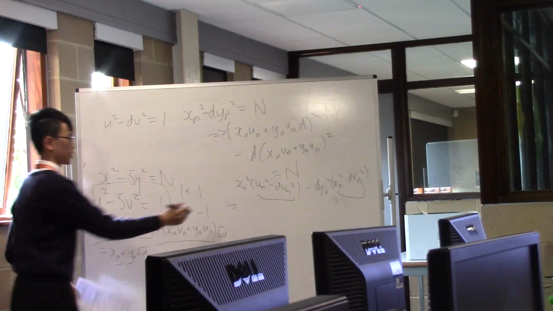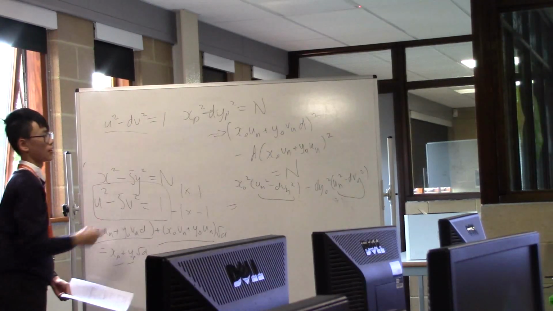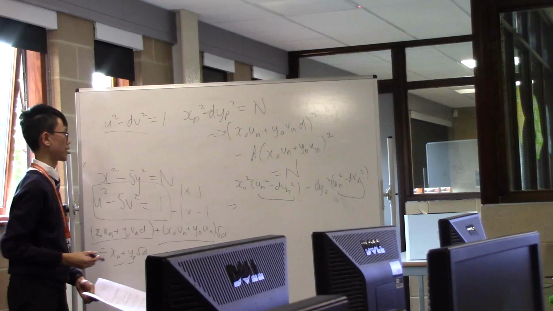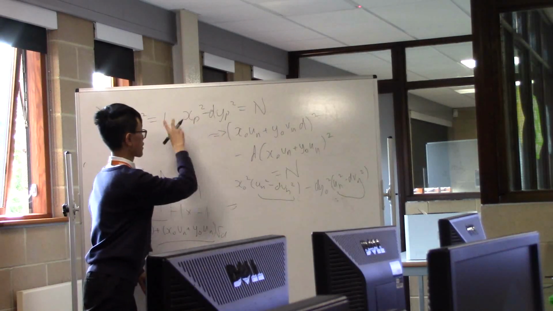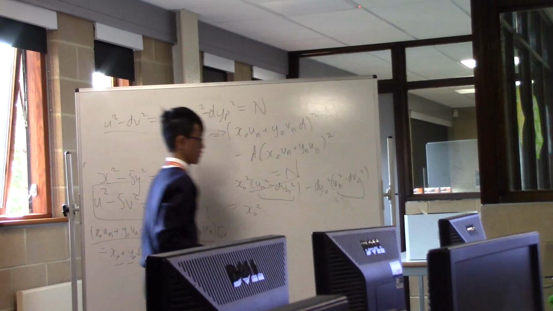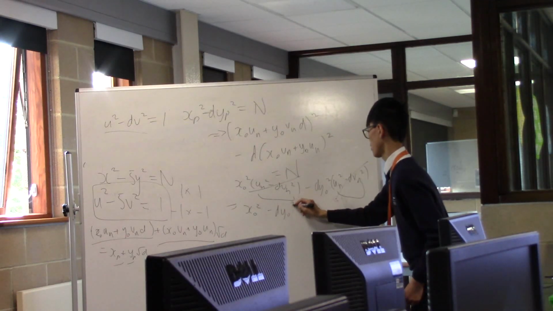Because un and vn are solutions to this equation, we know that un squared minus d vn squared will be equal to 1. So this is equal to x0 squared, because this is 1 so it doesn't matter, minus d y0 squared.